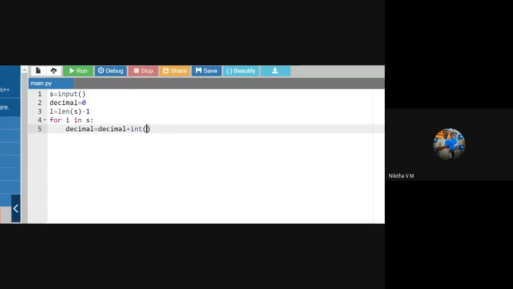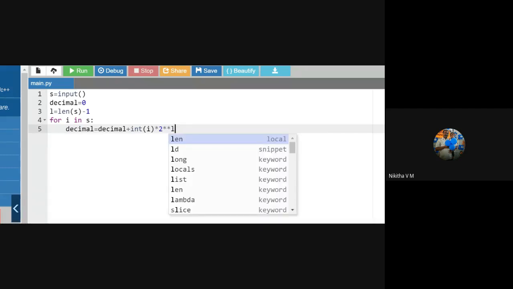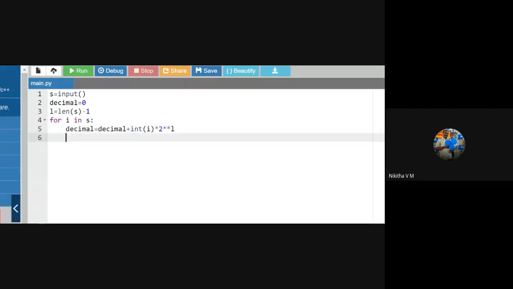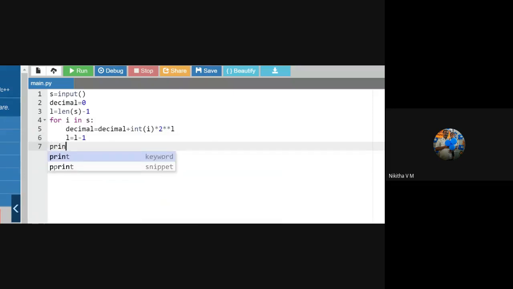Okay, int of i, I am type converting it, into 2 to the power of length. Okay, how it is working and all we will check. Alright, then I'm going to decrement my length by 1. After this, we are simply supposed to print the decimal.